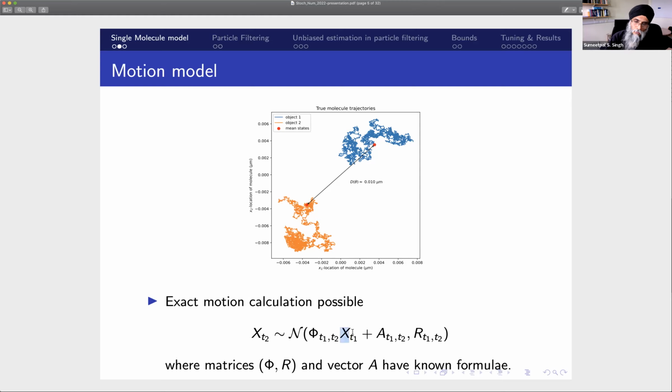By that I mean, if you give me the location of the molecule at a particular time t1, and you want me to find the probability distribution at time t2, then I know it's given by a Gaussian distribution with a particular covariance matrix and a particular mean, which is given by phi times x plus a. Under the assumption of a linear SDE, we know how to compute phi, a, and r exactly. They have known forms. So this is the setting I'll be working with. Just to remind ourselves, the molecule diffuses according to a linear SDE, and we can simulate its skeleton exactly.